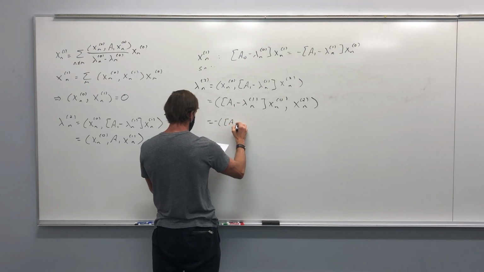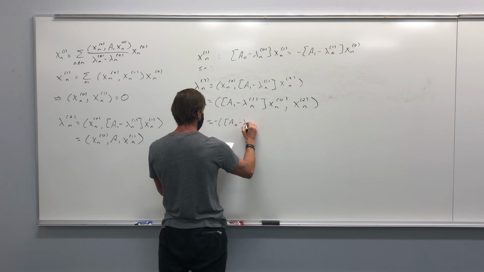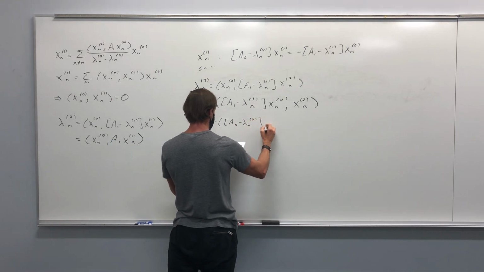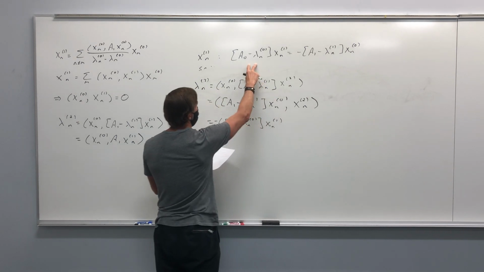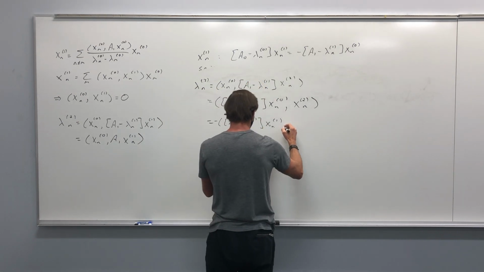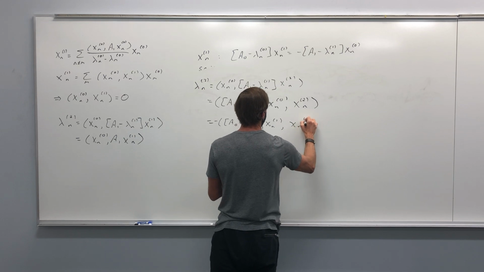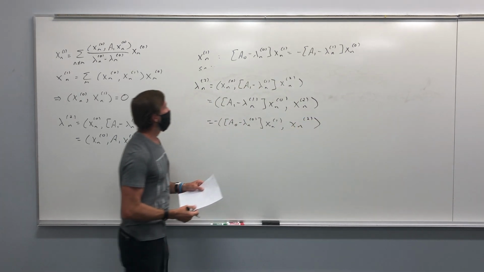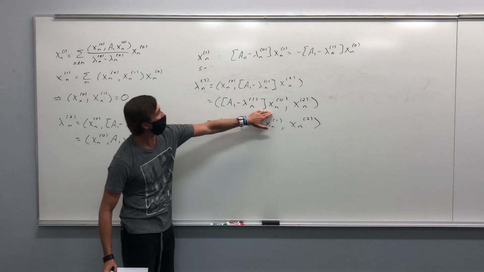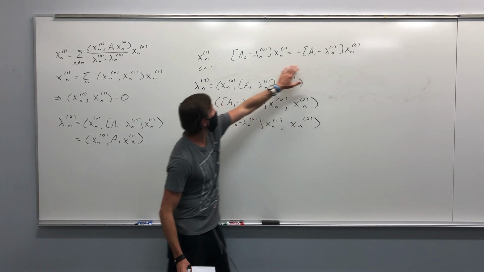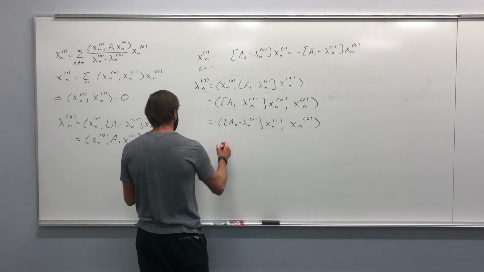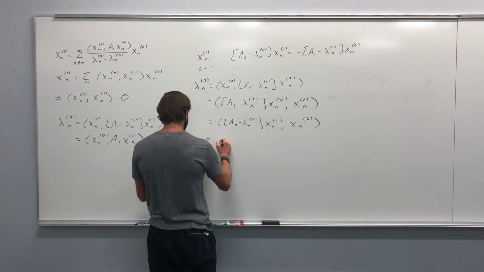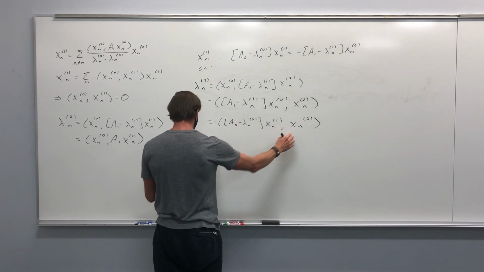But we can replace this with the following. Minus (a0 minus lambda_0^n) acting on x_n^1. Actually, no, I'm using this one for now. x_n^2. Okay, all I did was I took this right here, which is the right-hand side of this, and I replaced it by the left-hand side. Now we can move this Hermitian operator over to the other one.